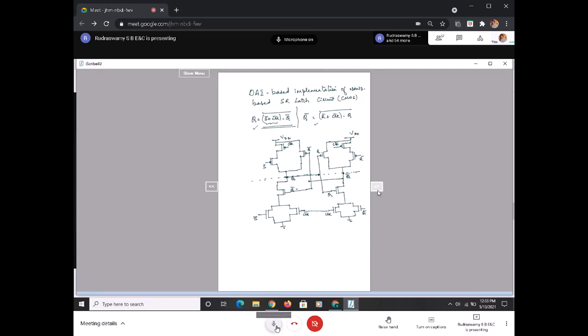Make sure that you get the expression either in terms of AOI or in terms of OAI. This is very, very important. I repeat, for any logic circuit they give in terms of gates, make sure that you obtain it using AOI or OAI. Then it is easy for us to represent it using CMOS.